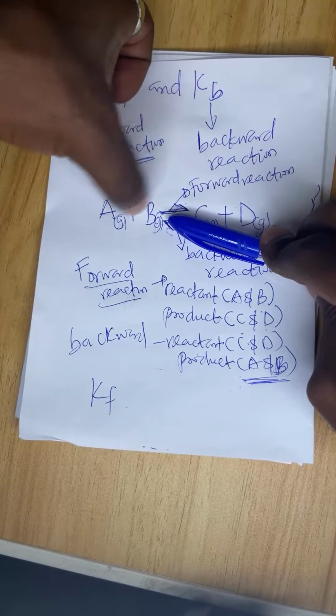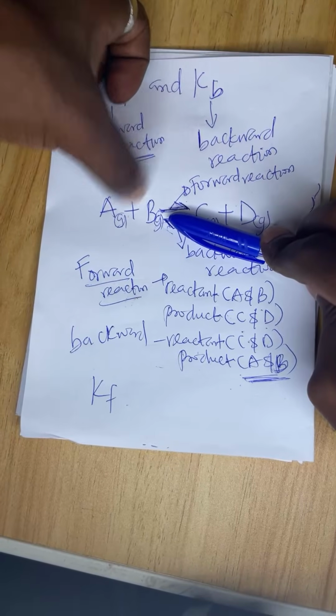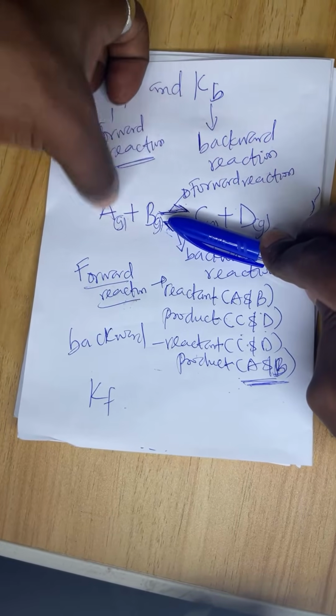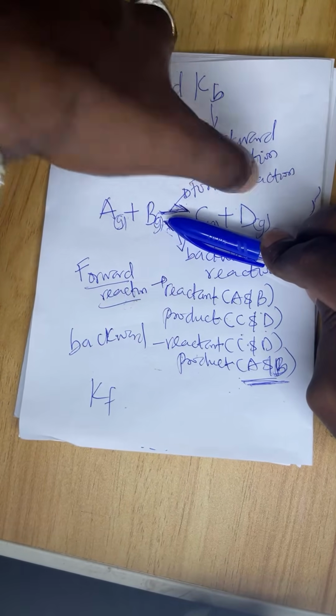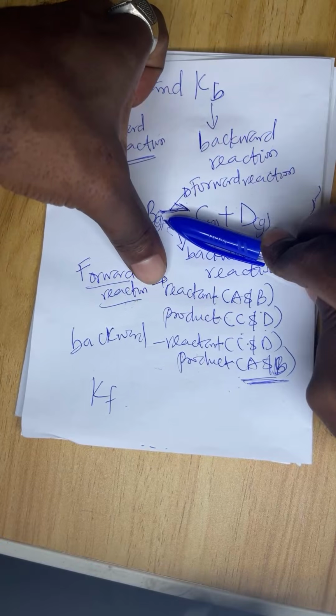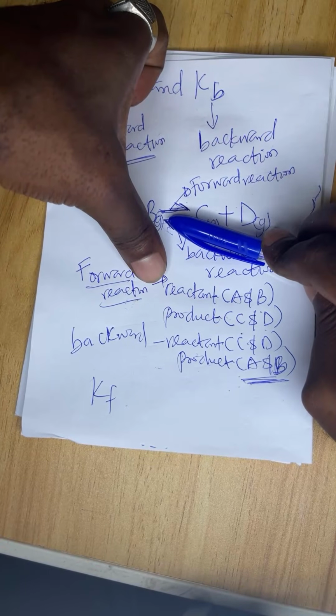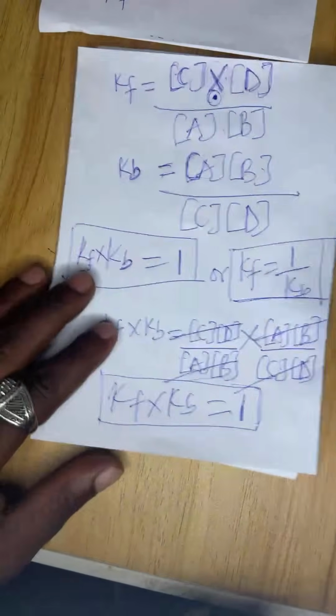These are the ones reacting, colliding, forming C and D. So for this forward reaction, A and B become the reactant, C and D become the product. That one is K forward.